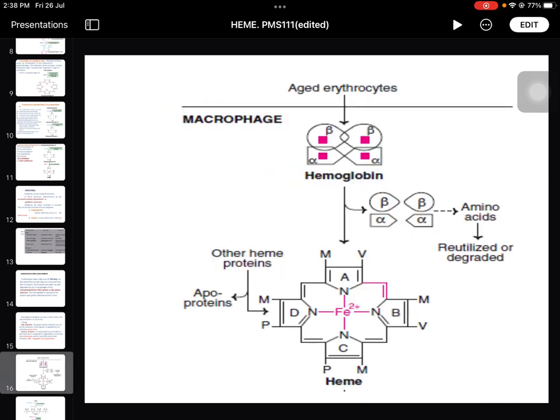If you see the degradative pathway, the aged erythrocytes reach the macrophages, where they are broken down to amino acids, and these amino acids are degraded further into individual amino acids.